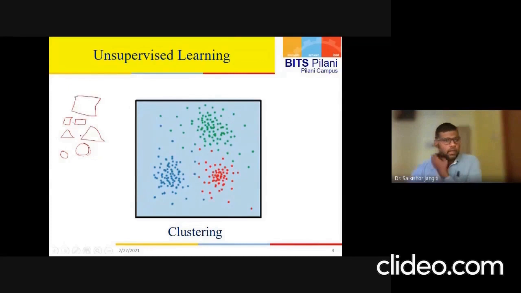Right. So now, the following objects can be categorized into several groups. So dividing the objects into groups is known as clustering.